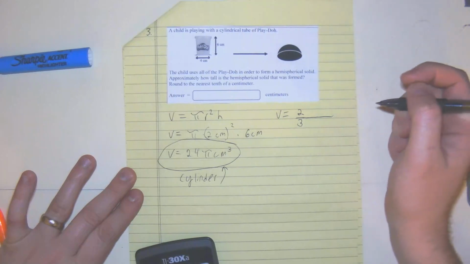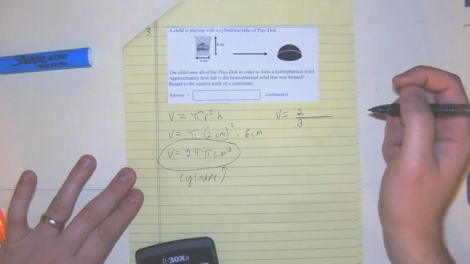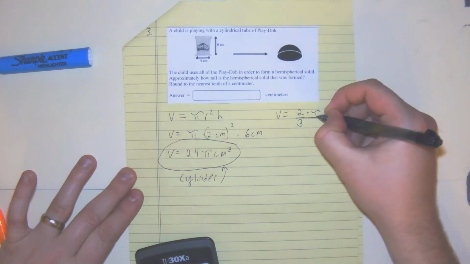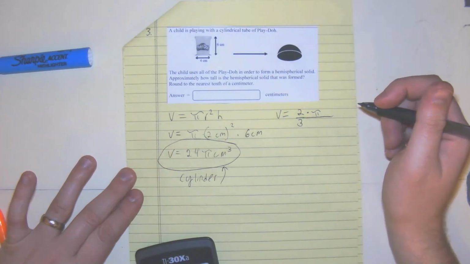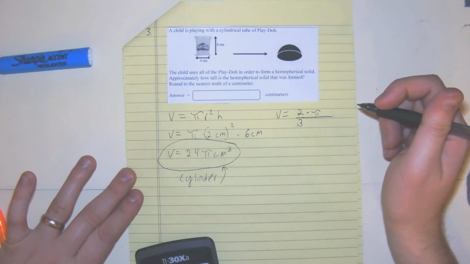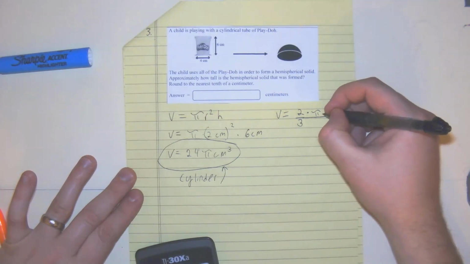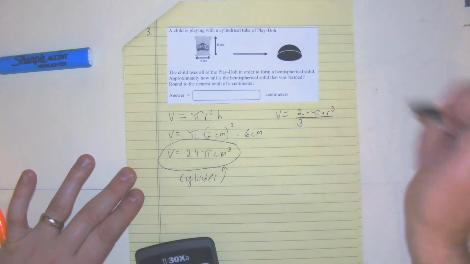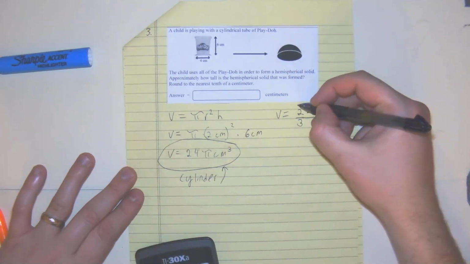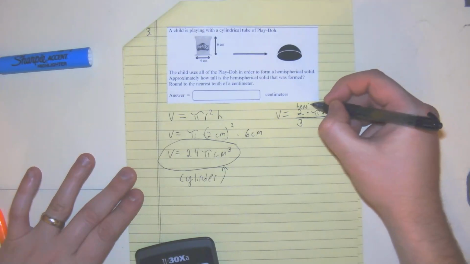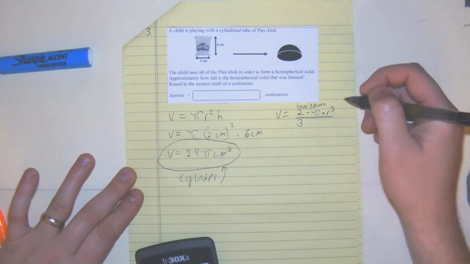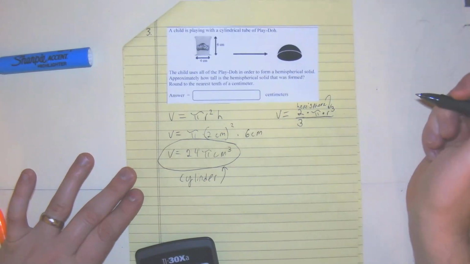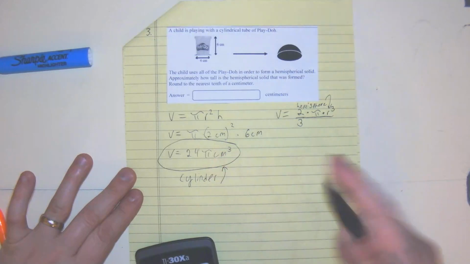So the volume of a hemisphere is 2/3 times pi times r cubed. Yeah, that's the formula. This is for the hemisphere, and the height for us is going to be our radius, okay?